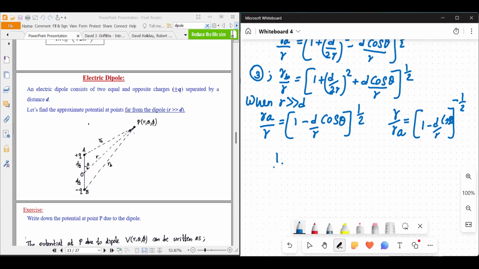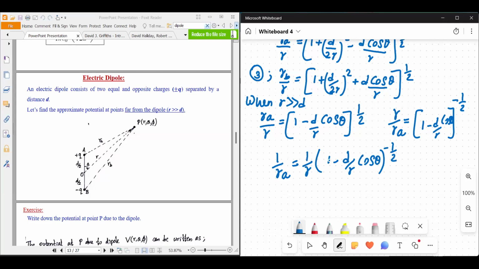Thereafter, 1 over RA is equal to 1 over R times (1 minus D over R cos theta) to the power minus half.